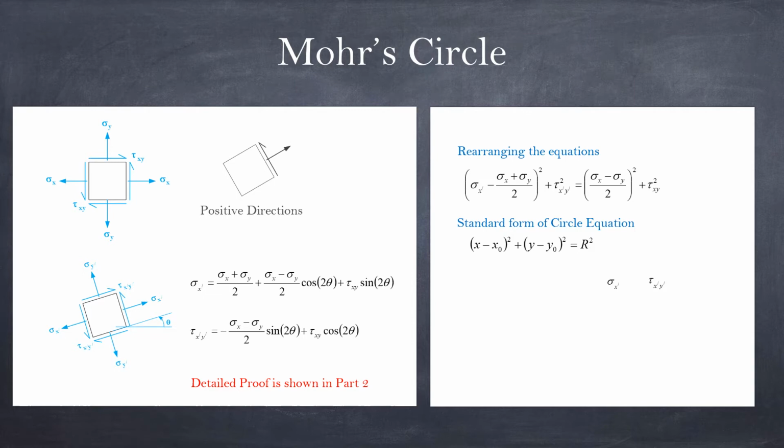If we compare the standard form of the circle equation with what we have for sigma x prime and tau x prime y prime, it simply means that if we plot a graph between the value of sigma x prime, the normal stress, and the shear stress, when we go around the whole loop, we get a picture of a circle. For this calculation, we're going to use this circle, and this is what we call the Mohr circle.